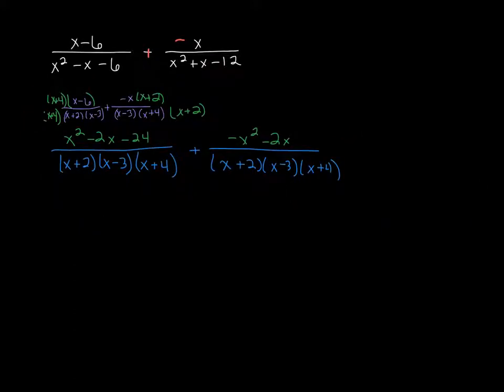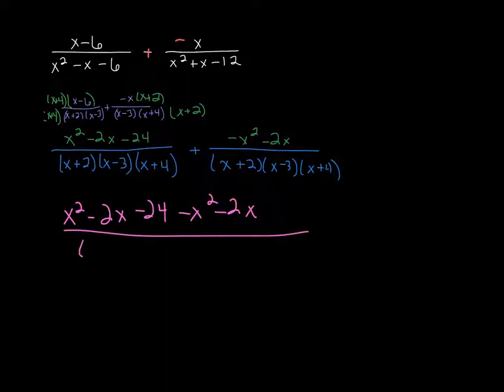Okay, now we're ready to add our numerators together. Okay, so for the first fraction we have x squared minus 2x minus 24. Then we have minus x squared minus 2x. And then of course we keep our common denominator.